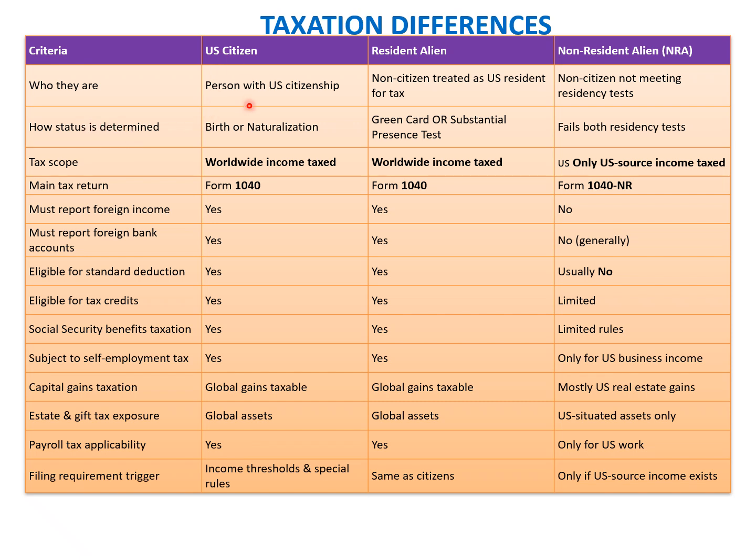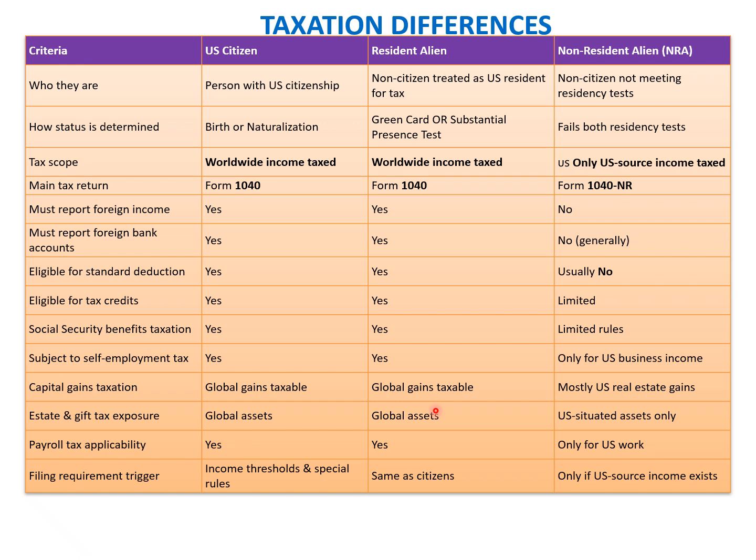Status is determined for US citizens by birth or naturalization, for resident aliens by the green card or substantial presence test, and non-resident aliens fail both residency tests. For tax scope, worldwide income is taxable for citizens and resident aliens, while only US source income is taxable for non-resident aliens. The main return is 1040, 1040, and 1040-NR. For global tax, for US citizens and resident aliens, their worldwide income is taxable, which means all incomes are taxable.